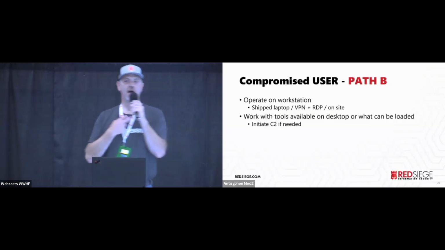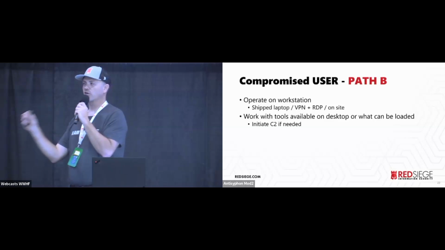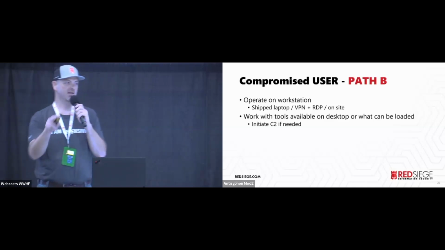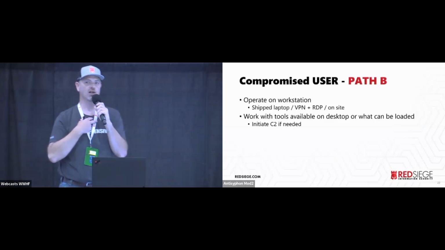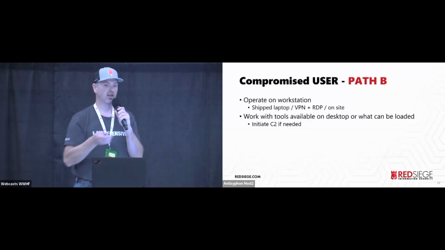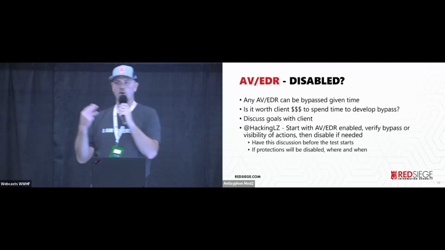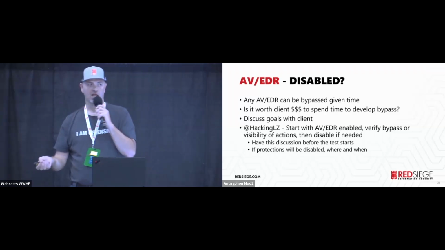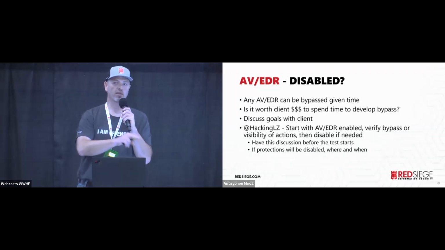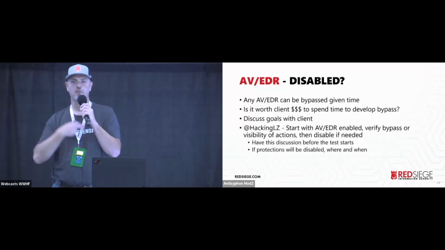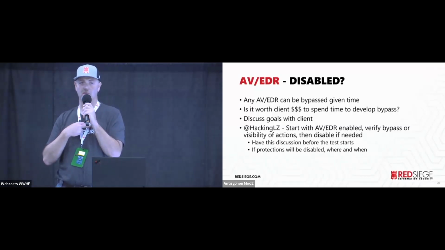It's not my decision whether or not it should be disabled. It's the client's decision, and it's up to us to talk to them about the pros and cons of that approach. We know, given time, any EDR can be bypassed. So is it worth the client's dollars for my time to come up with a working bypass?